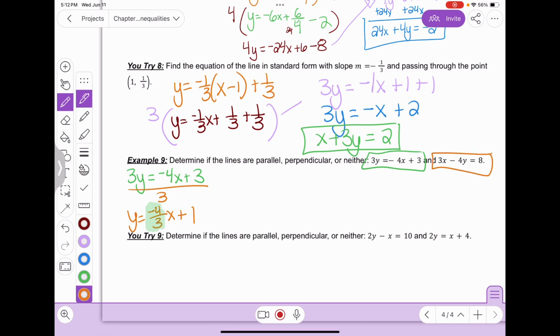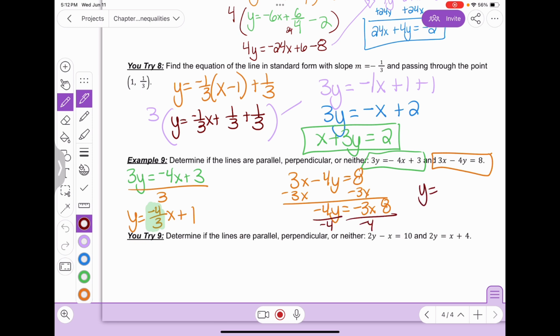Now I'm going to do this one. 3x minus 4y equals 8. So I'm going to subtract 3x. Negative 4y equals negative 3x plus 8. Divide everything by negative 4. And we get y equals 3/4 x minus 2, because 8 divided by negative 4 is negative 2.